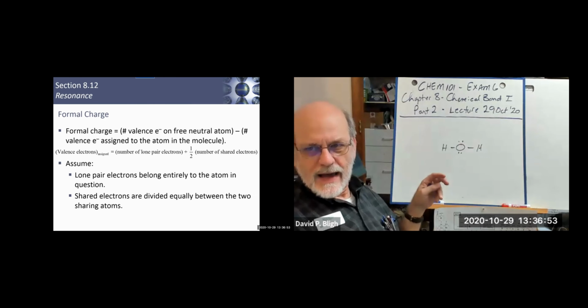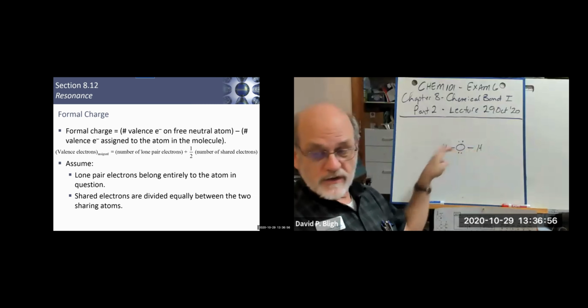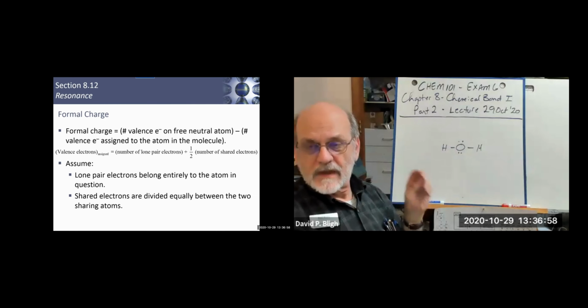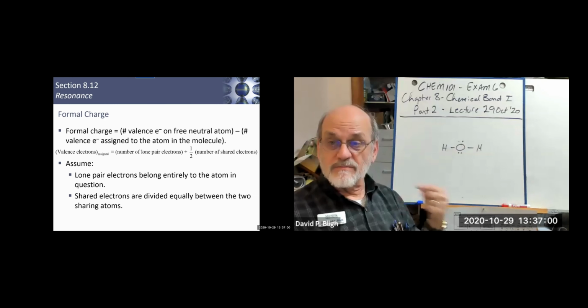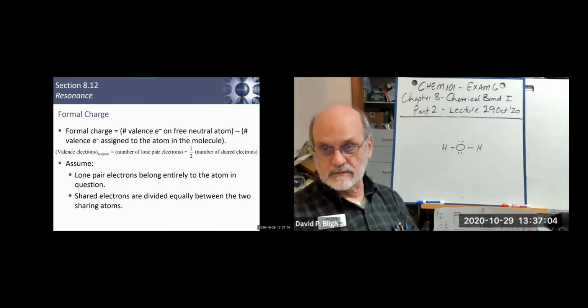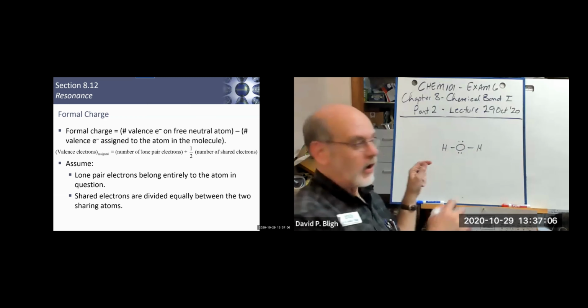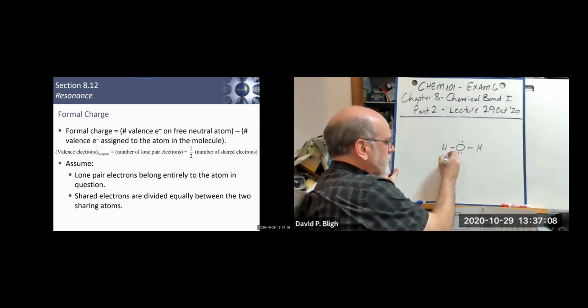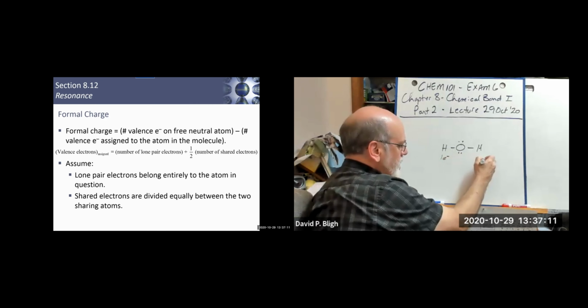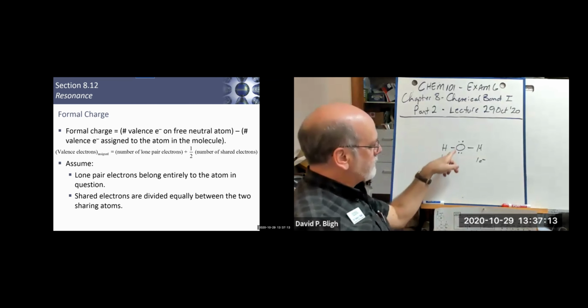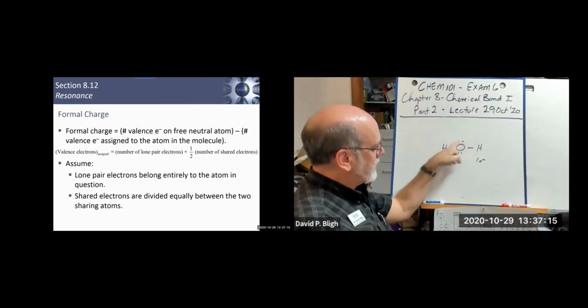So how many electrons do we assign to each one of those in the molecule? Well, if the electron is coming from a bond, then the atom only has dibs on one of them. There are 2 of them there, so it only gets 1. So we have 1 and 1 here. How many do we have here? We have 1, 2, 3, 4, 5, 6.